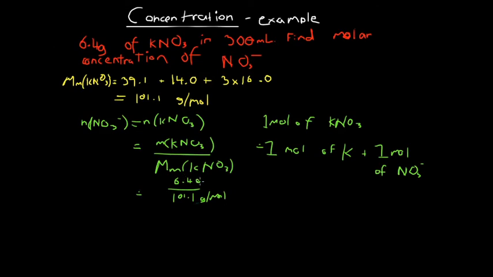Putting that in our calculator, we get 0.063 mole of potassium nitrate, and therefore, based on this ratio, 0.063 mole of nitrate. So that's our second step.